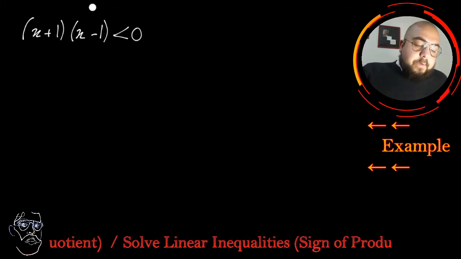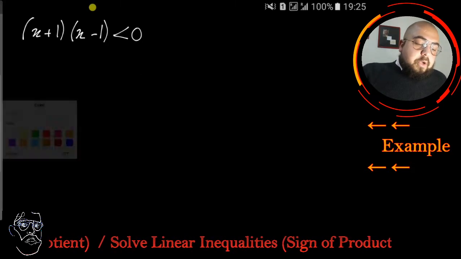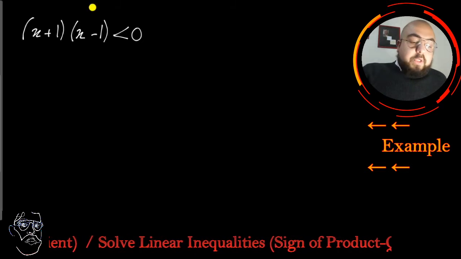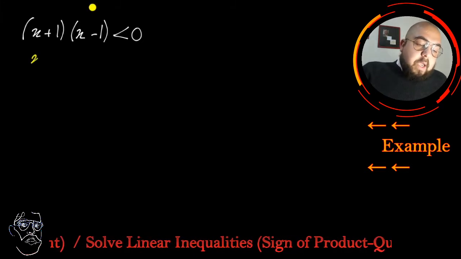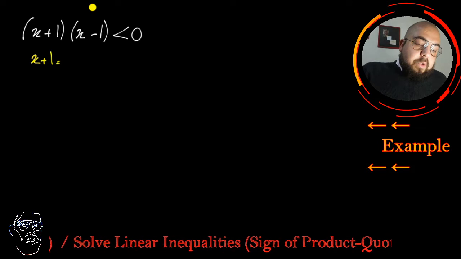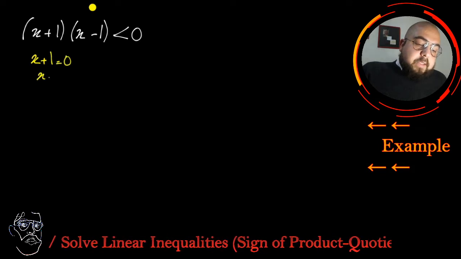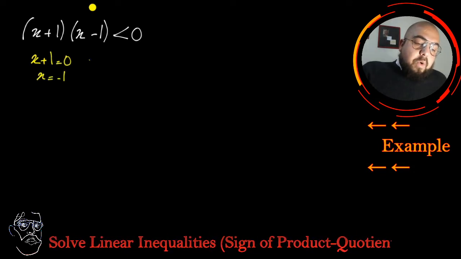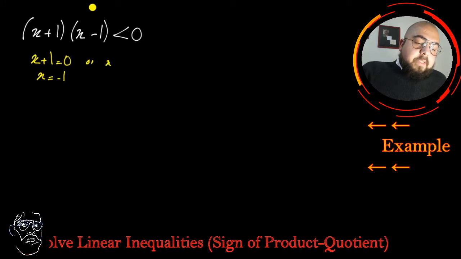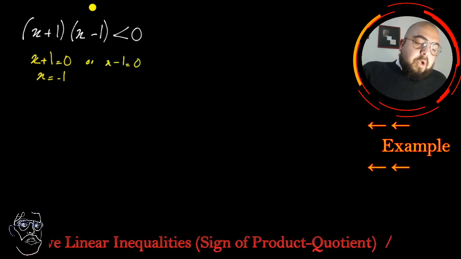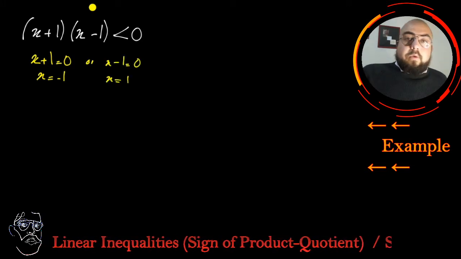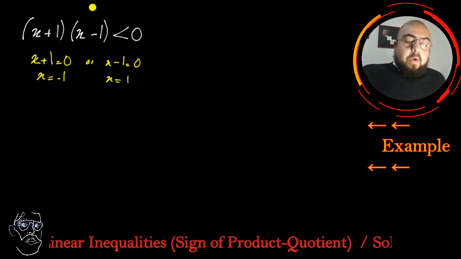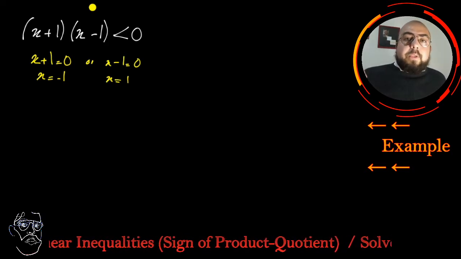So first thing, you consider that this is an equation which is equal to 0, so you will have to say x plus 1 is equal to 0, which means x is equal to minus 1, or x minus 1 is equal to 0, so x is equal to 1. Now, these values, you're going to use them in your table of sign.